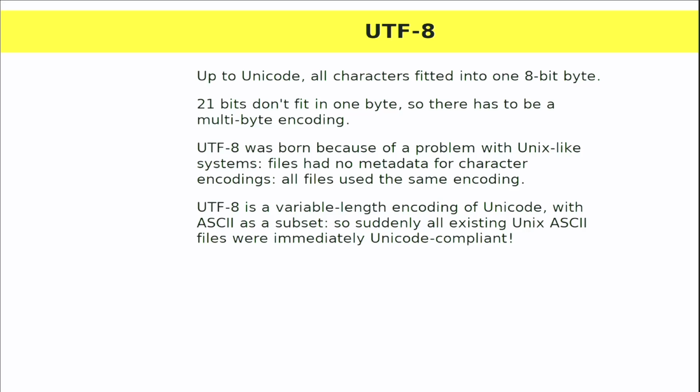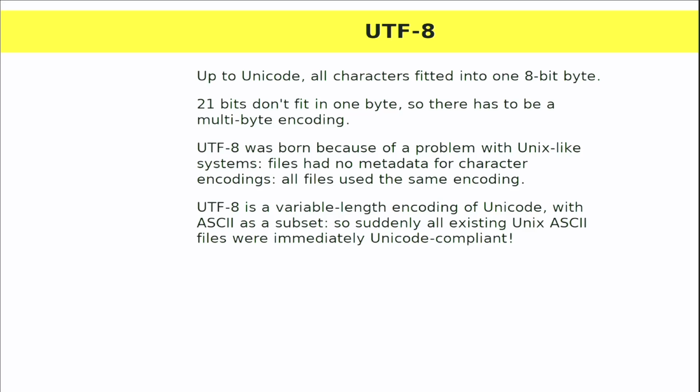Originally it was 16 bits, but then UTF was born because of a problem with Unix-like systems, because files on such systems have no metadata for the character encodings. All the files use the same encoding. And so Rob Pike and one other came up with this smart design.